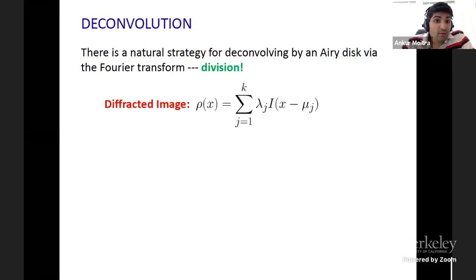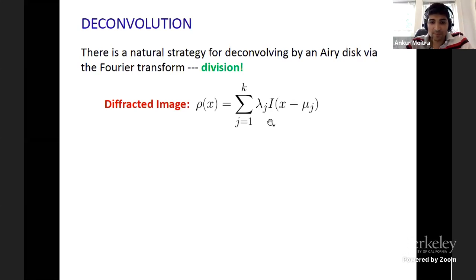So let's talk about the diffracted image. So first, we have these relative intensities, the lambda sub j's. Remember, these are like the mixing weights because they represent what fraction of the photons are coming from the jth point source. When you're looking up in astronomy, different stars have different luminosities. The more luminous ones represent a larger fraction of the photons you're observing in the observation plane.